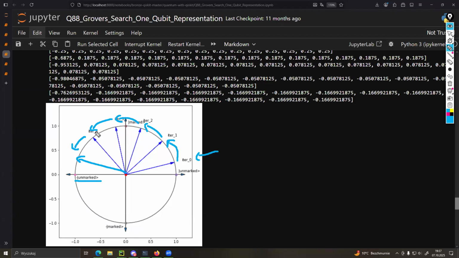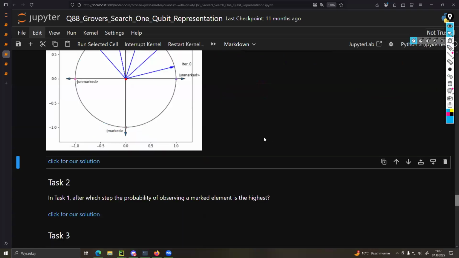So here we boost in the other direction. We first boost in our wanted direction, but then we boost into our other direction. But on the unit circle, we see that it actually means that we rotate every single time around the unit circle.